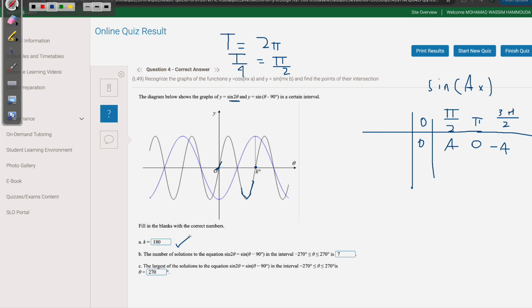And then what we could do is for part B. You could do sine 2x on the calculator. Sine 2x is equal to sine (theta minus 90).